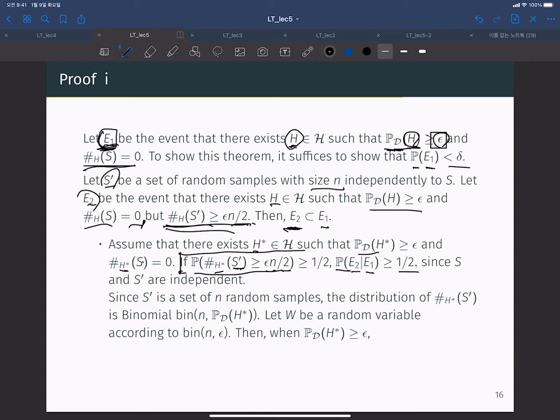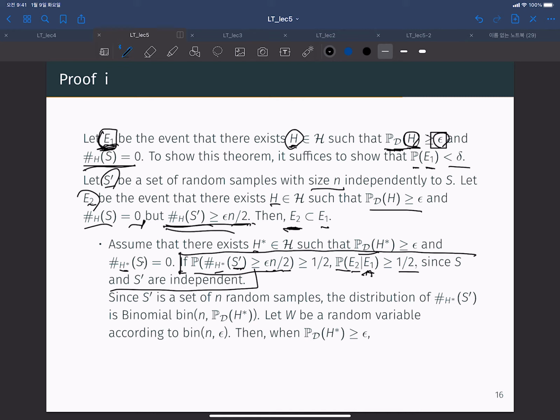So this statement is very trivial. Since S prime is totally independent of S, the condition of E1 essentially doesn't affect S prime.